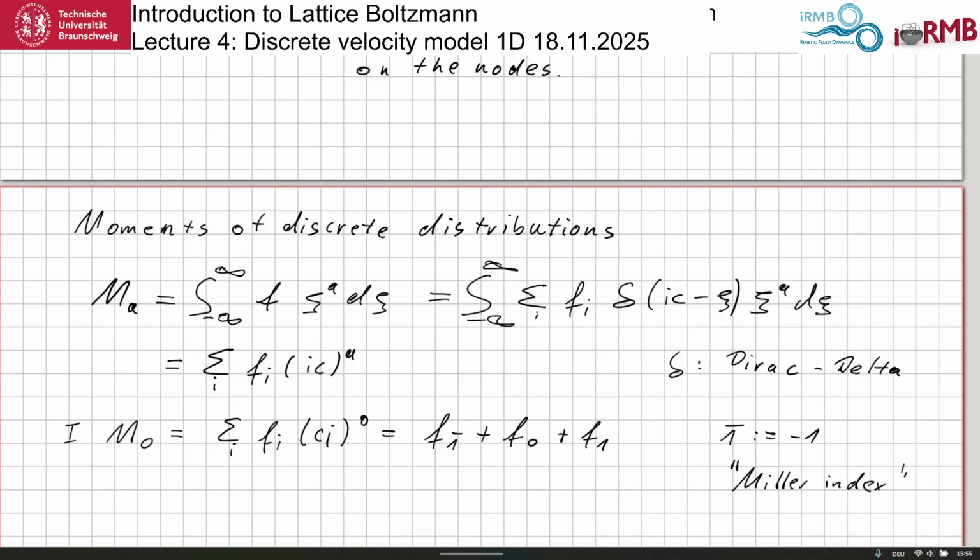And we adapt. Because I learned this for some other reason, for me it was very intuitive to describe the lattices in Lattice Boltzmann also with this Miller index system.